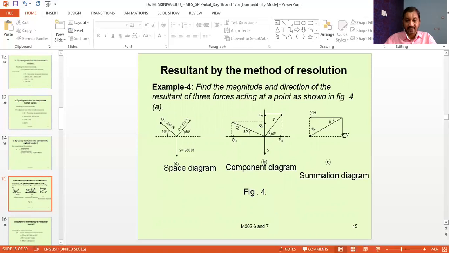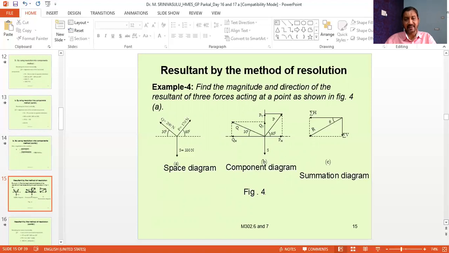So here the three forces are given. Figure A is the given figure. Here three forces are acting. The first force P is acting rightwards, making an angle of 60 degrees with the x-axis.